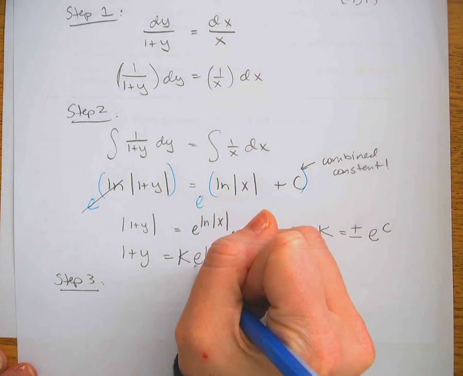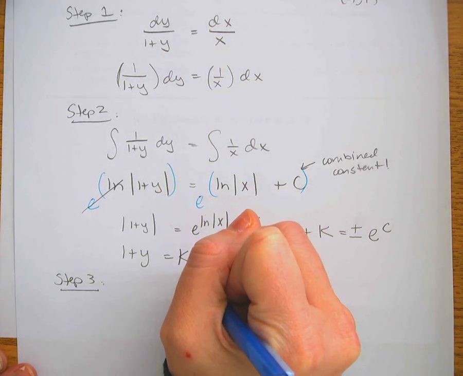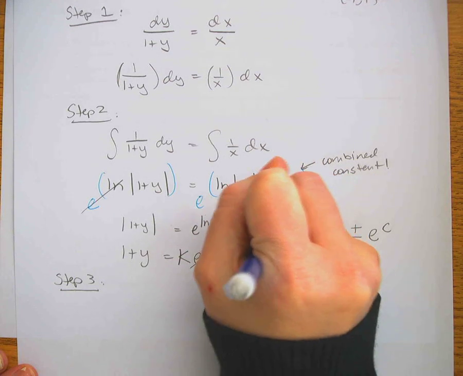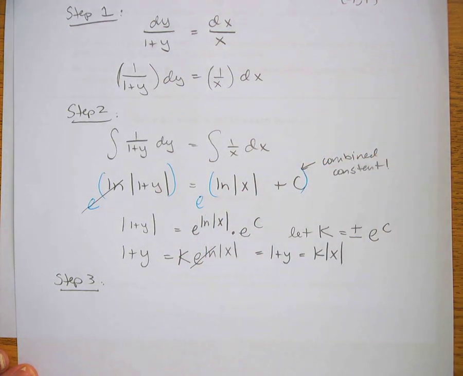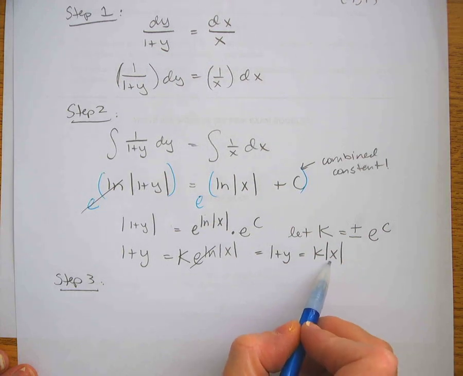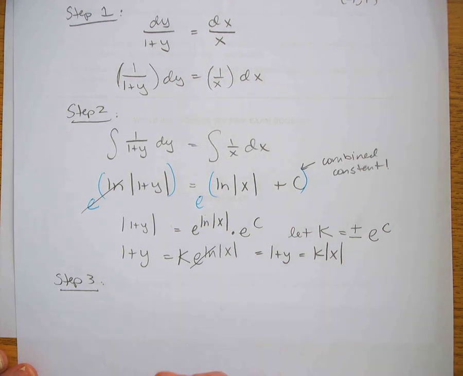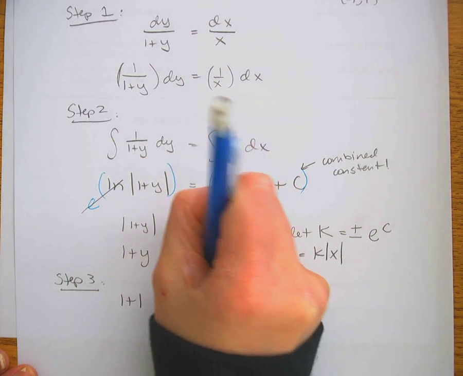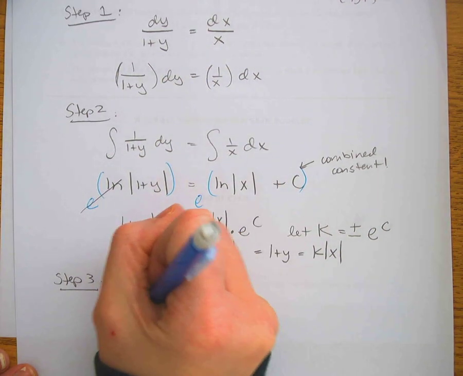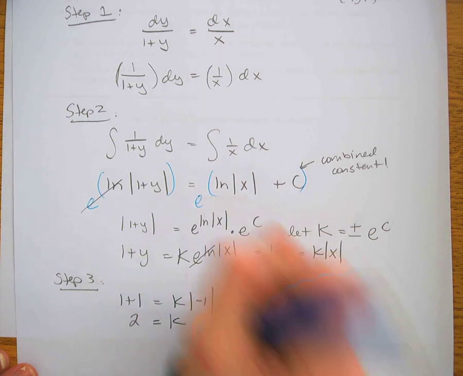Oh, this cancels out, doesn't it? Sorry, so this is 1 plus y equals k absolute value x. So I'm going to plug in negative 1 for the x and also 1 for the y. So I get 1 plus 1 equals k times negative 1 inside the absolute value. So I get 2 is equal to k, so k is 2.